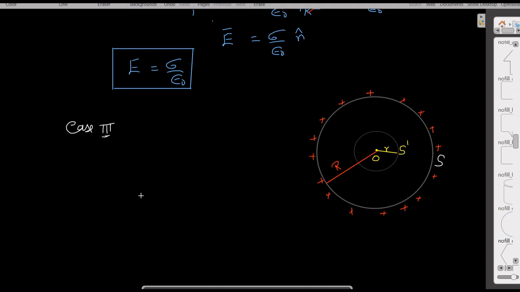Now let us apply Gauss theorem. According to Gauss theorem, we know integration over the Gaussian surface S dash, E dot ds equal to q by epsilon naught. The charge q is outside the Gaussian surface. Here also uniform charge density sigma. And the entire system is placed in vacuum medium.